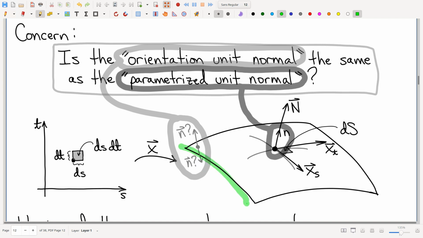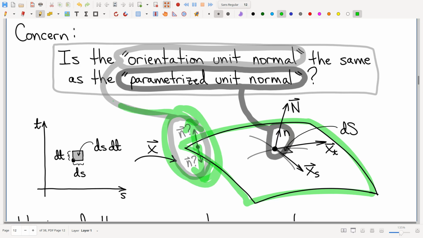So surface. If you're going to talk about flux through a surface, well, again, you have to be clear which way is the positive direction through the surface. And there's 2 possibilities, right? Whoever is asking the question needs to be clear in their mind, which direction is the positive direction for flux? And we do so with, as previously discussed, the orientation unit normal.